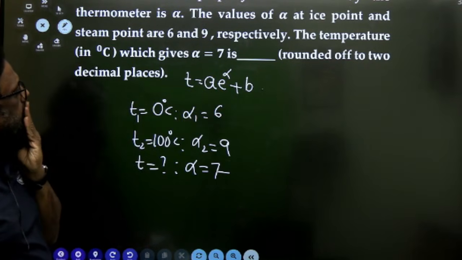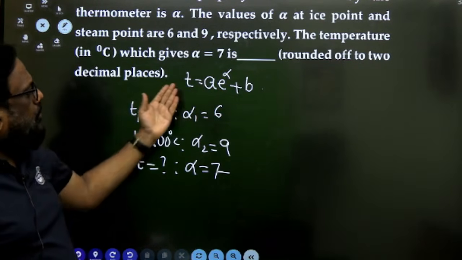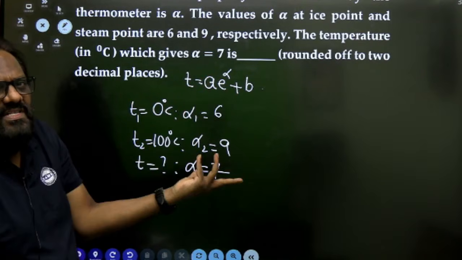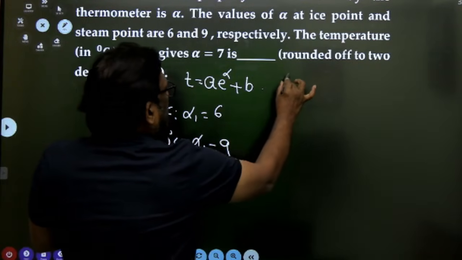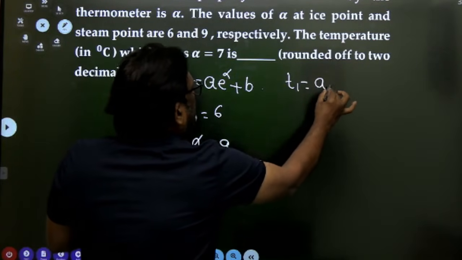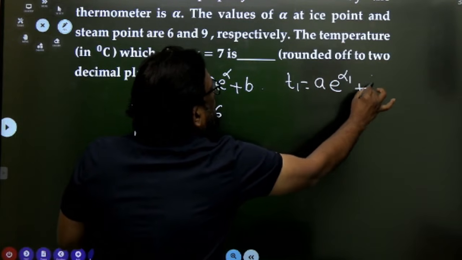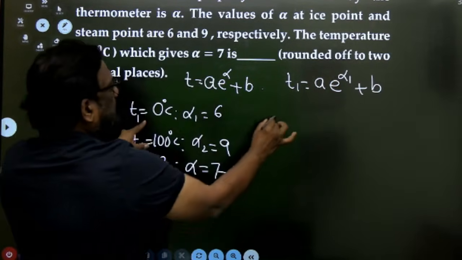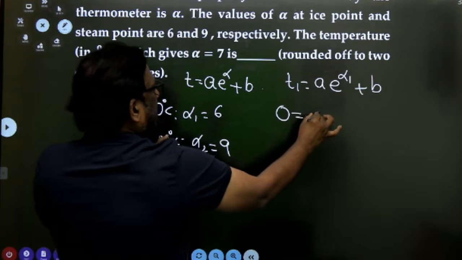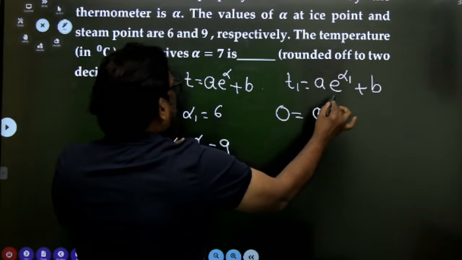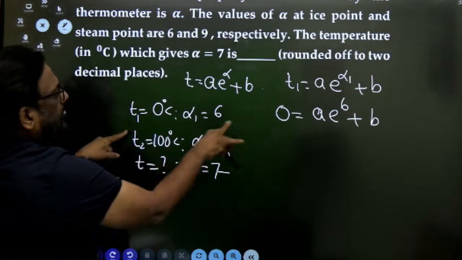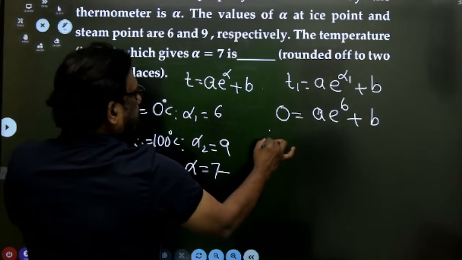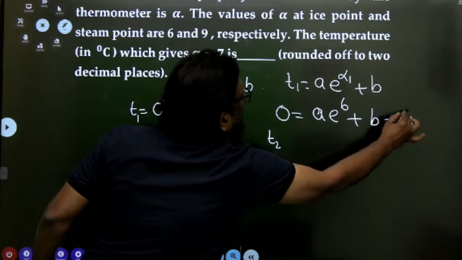Two constants कैसे करेंगे सर? Two constants हैं तो two equations consider करना, two unknowns we can solve. देखो एक सेकंड. T1 is equal to A e power alpha 1 plus B, because A, B constants हैं. What is T1? 0. It is in degree centigrade. A e power what is alpha 1 sir? Alpha 1 is 6, plus B. ये पहला इक्वेशन है. This is equation number 1.